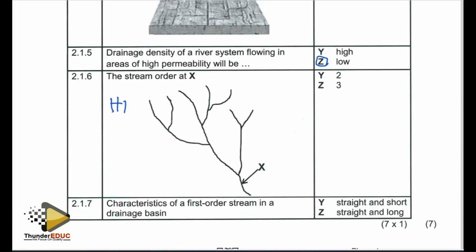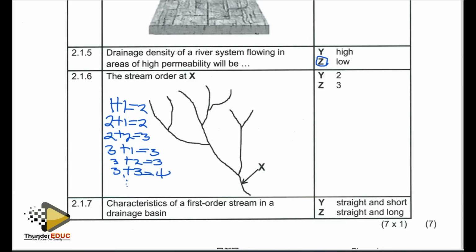Number 1 plus number 1 is stream number 2. Number 2 plus number 1 maintains number 2. Number 2 plus number 2 gives us number 3. Number 3 plus number 1 is number 3, and number 3 plus number 2 is still number 3. If we have number 3 plus number 3, we get number 4, and so on. That is how we do stream ordering.